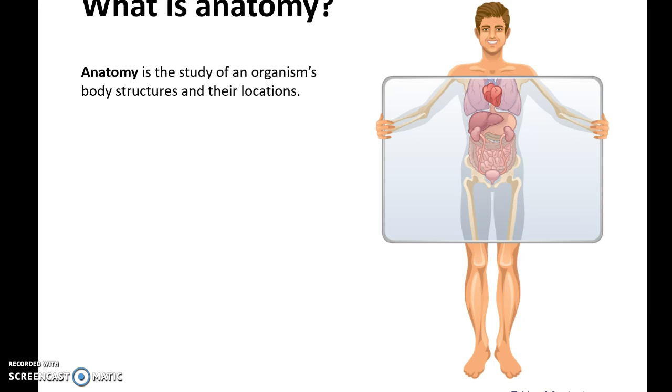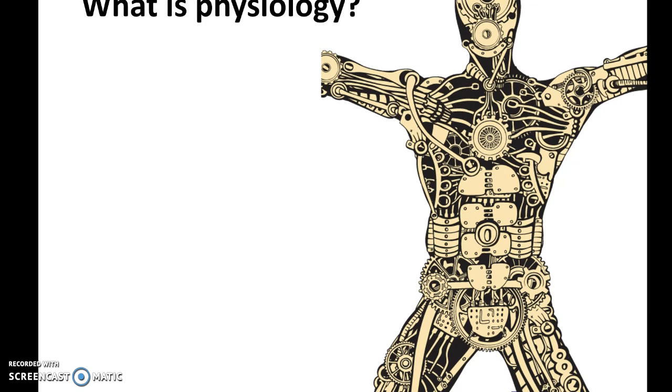So, again, anatomy is the study of the structure. This isn't on your interactive notebook, but it's something that you can put on the side. Now, physiology, on the other hand, is the study of the function of each of those body parts. So anatomy is the study of the structure. Physiology is the study of the function.